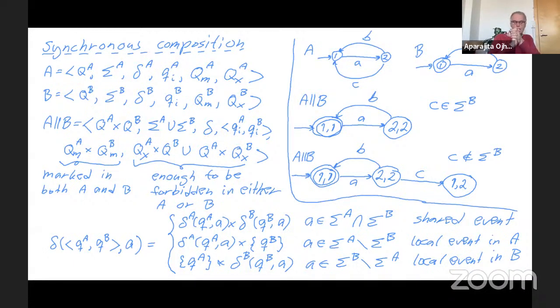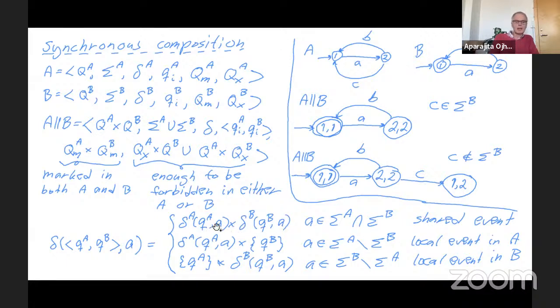But if there is only one target state for each event, then for a combined transition starting in state QA, QB, if A is a shared event in both A and B, you will get into a combination of the target state of A and the target state of B.